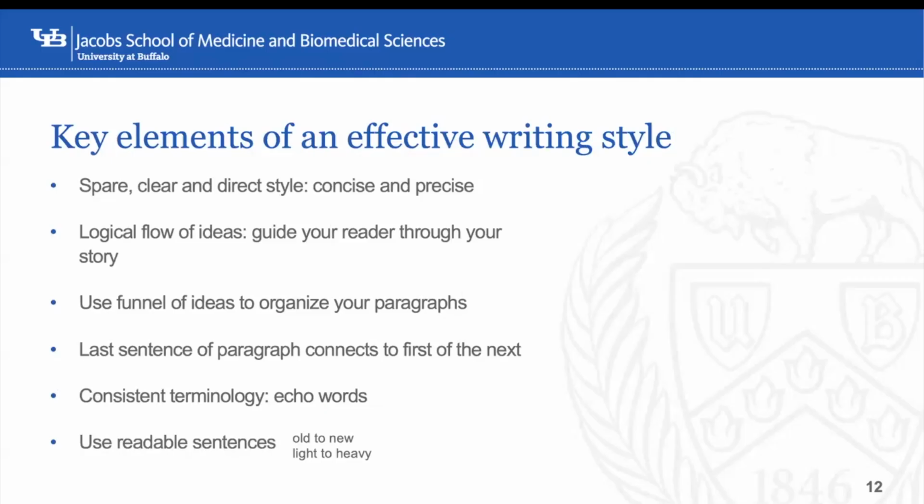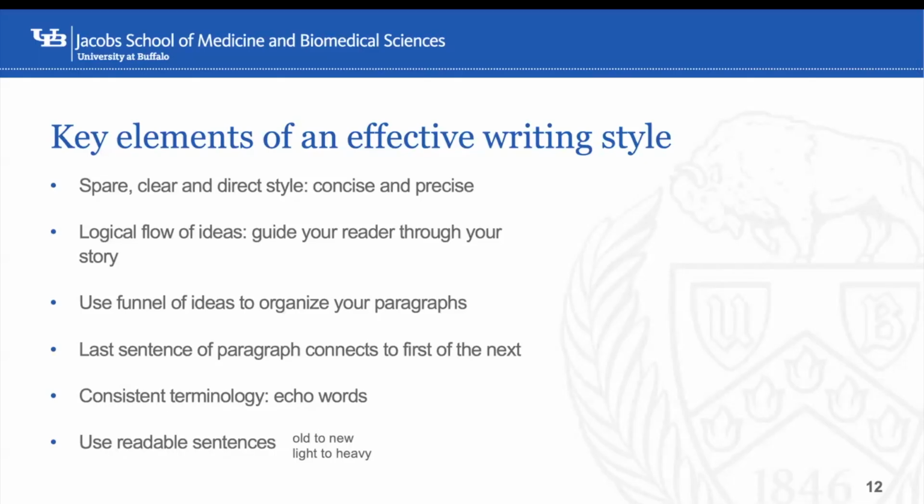So this is probably very well-known stuff for you, but just to level the playing field, here are some key elements of effective writing style: a spare, clear, and direct style, concise and precise, basically short sentences, to the point, with a logical flow of ideas, right?